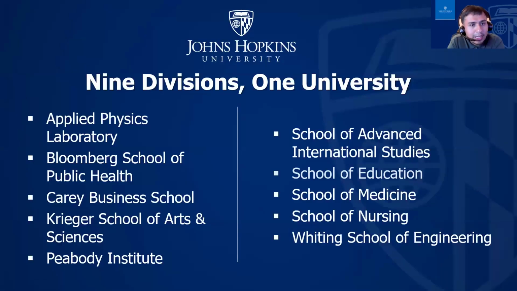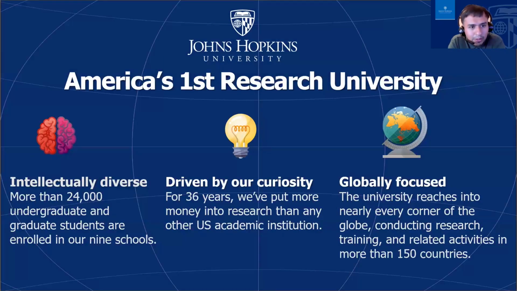To give folks some context on Johns Hopkins University, there are 9 divisions. We're one university, and this program is specifically housed here at the School of Education. As we talk about the program, Dr. Diamond will fill us in on some partnerships we're really excited about with some of the other divisions when it comes to the Masters of Education in Learning Design and Technology. Johns Hopkins is America's first research university.